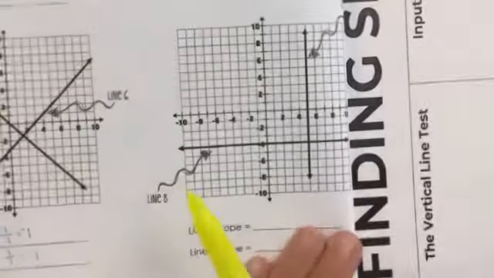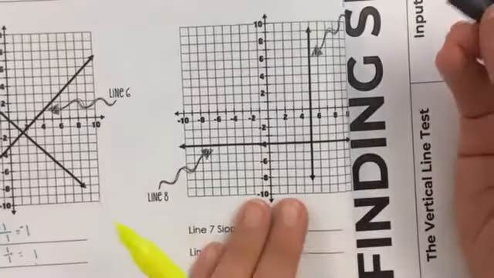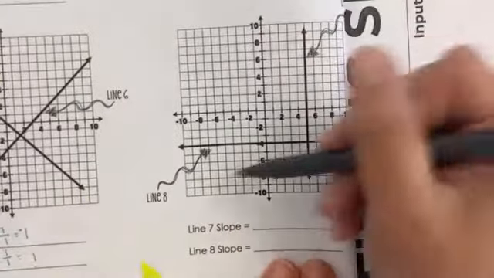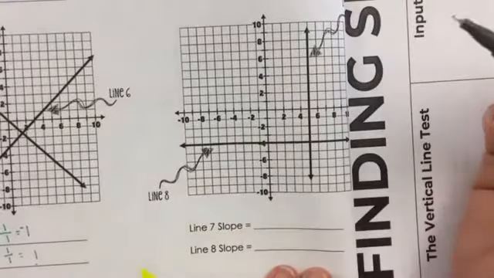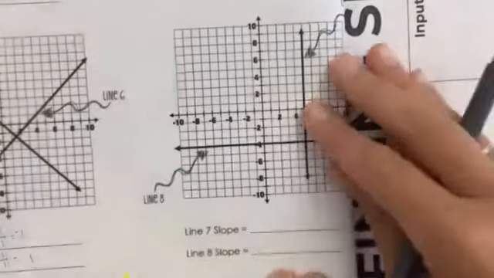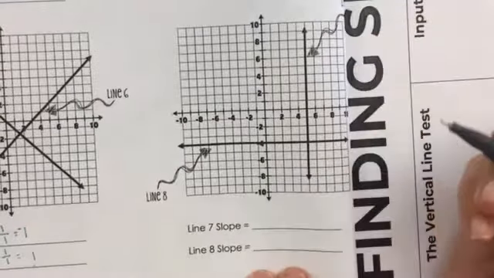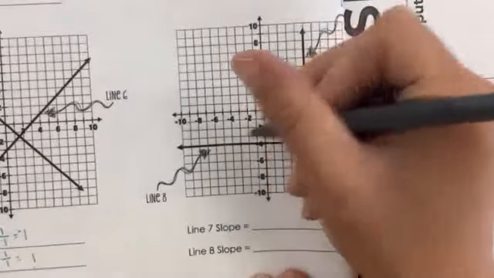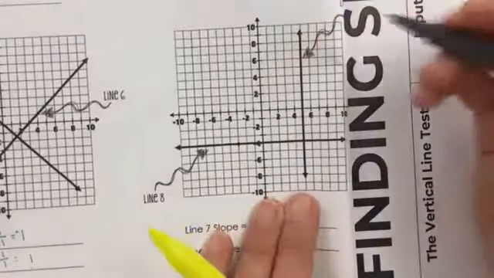Our last one. Now this is a little bit tricky. If you think of these on a graph, you guys should be able to visualize these, right? So then line 7 would be undefined and line 8 would be 0? Yes. So if you want to do these point to point, we'll do line 7 first.